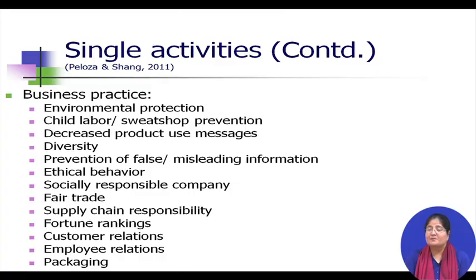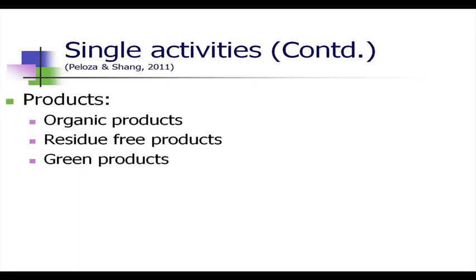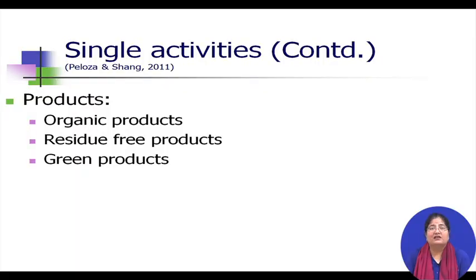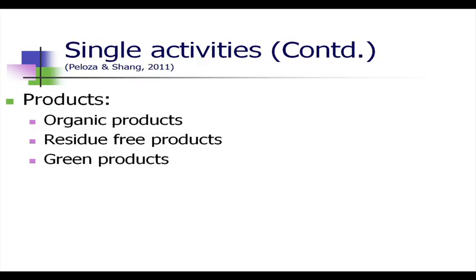Employee relations, packaging, maybe. So one activity. Then, as far as products are concerned, maybe you are selling organic products only, or you're selling residue free products only, or you have a branch that specializes in green products. So that could be one way of giving back to the society.